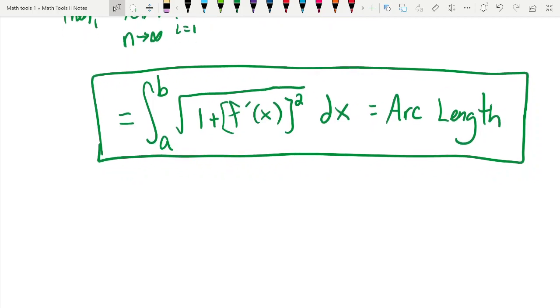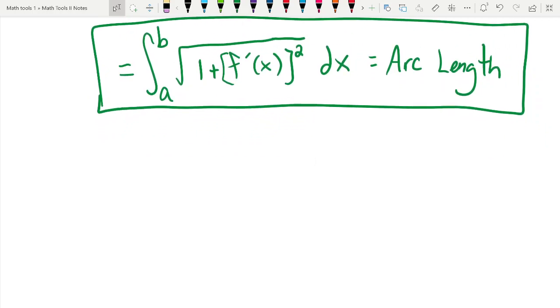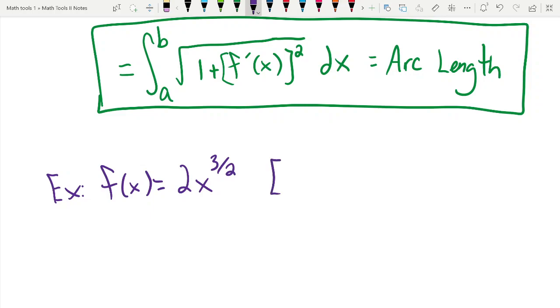So let's see, here, let's try, we're gonna let f of x be 2x to the 3 halves, and we want to calculate the arc length over 0, 1. Okay, so some of these can be deceptively tricky. Like if you just get something like x squared, for example, even just finding the arc length of that leaves you with an integral that's actually pretty hard to evaluate.